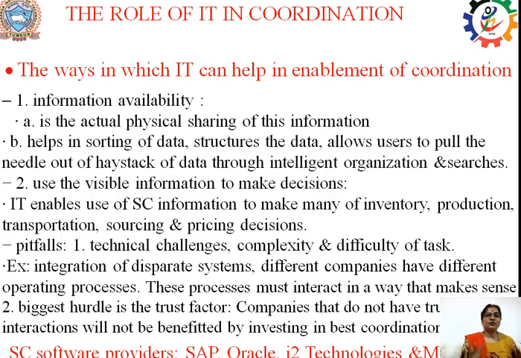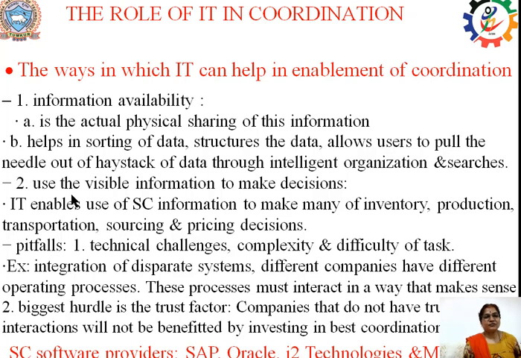So it sorts huge data, structures the data the manner in which the user wants it, and allows users to pull the needle out of the haystack. Just imagine picking a needle, such a small item, out of a big heap of hay. This will be done by IT through intelligent organization and search engines.